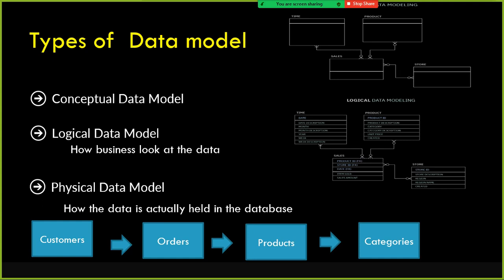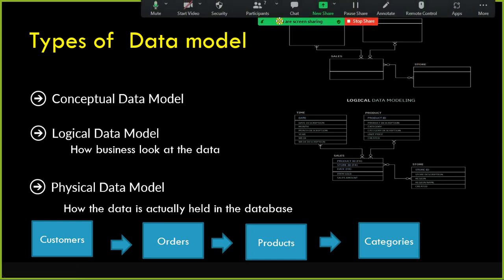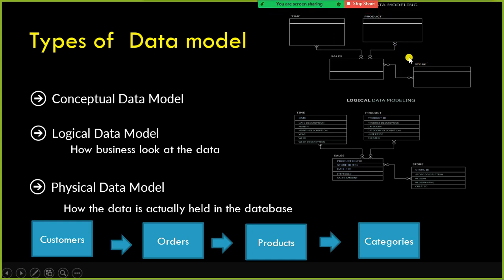So from clerical level to top level, involve them, so that you will get to know what all entities are required for the sales department. While conducting a workshop, you will be able to understand different people's requirements within that sales department, based on which you come up with all the essential entities, and then you identify the relationship between them. That's what we do as part of the conceptual model.